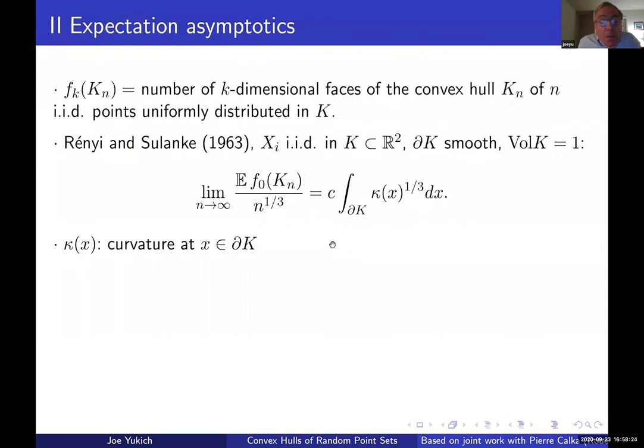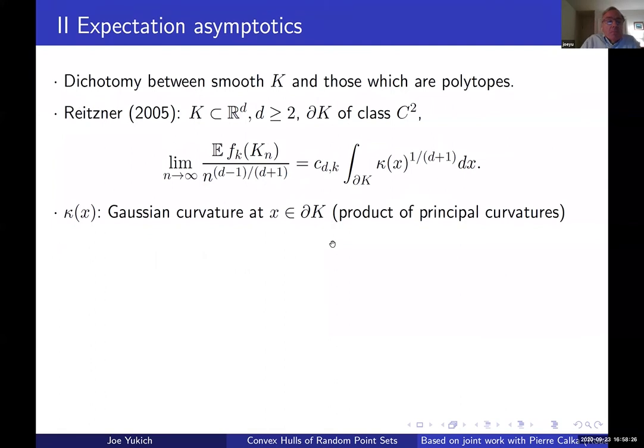So what about mother bodies which are smooth and those which are polytopes? 15 years ago, Matthias Reitzner showed that if one starts with a mother body whose boundary is of class C2, then the expected number of vertices, or even the expected number of k-faces in the convex hull, scales like a power of n to the (d minus 1) over (d plus 1). And in the limit converges to the product of two constants.